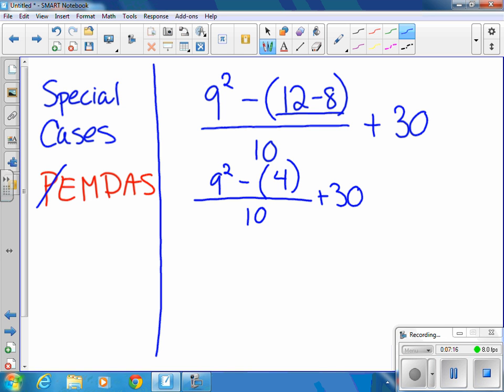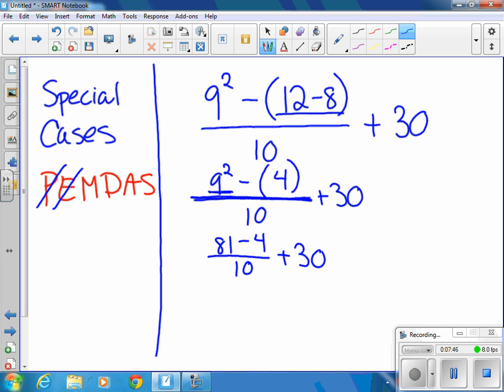Now, if we recall, this bar here is also a parentheses. So I still need to solve everything on the top and everything on the bottom before I can actually do that division at the end. So the next thing I have is exponents right here. I have an exponent to do. 9 squared is 81 minus 4 over 10 plus 30.